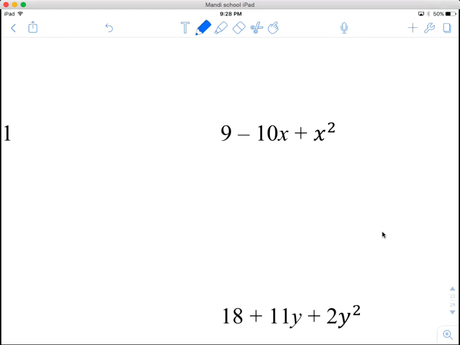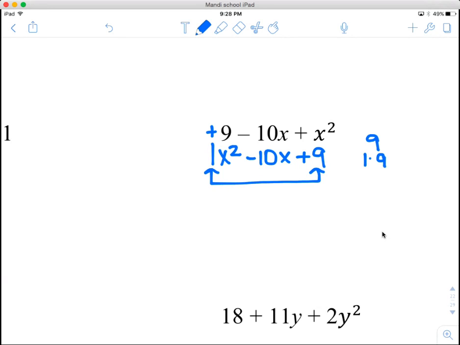So we're going to take the x squared, the negative 10x stays in the middle, and remember in front of this is the plus sign, so plus 9. So now we start from the beginning. This is invisible 1. Take 1 times 9 and get 9. All of the factors of 9. So 1 times 9, 3 times 3.